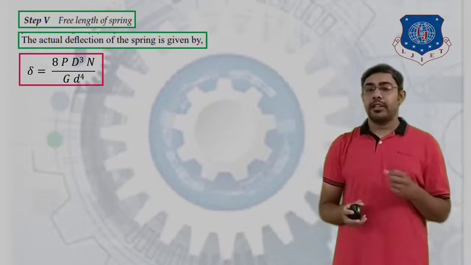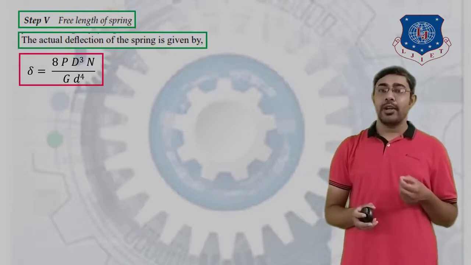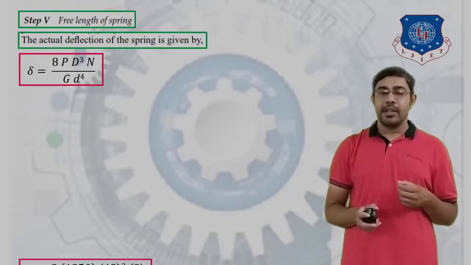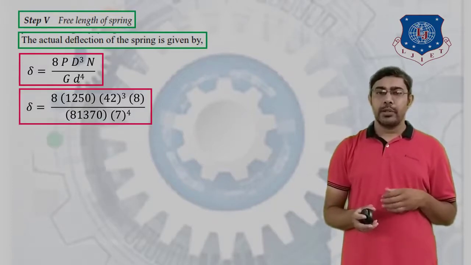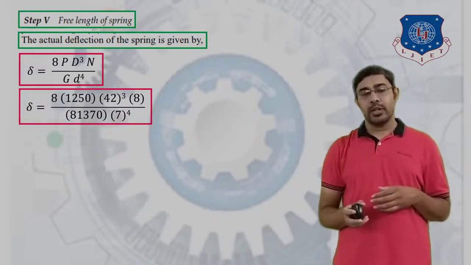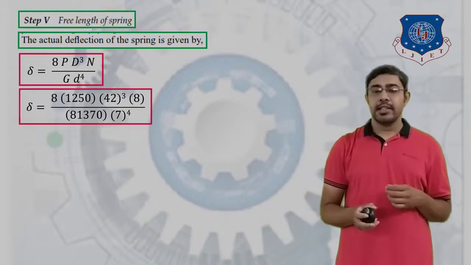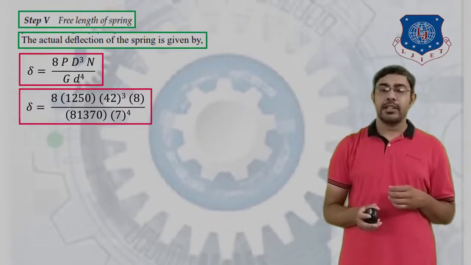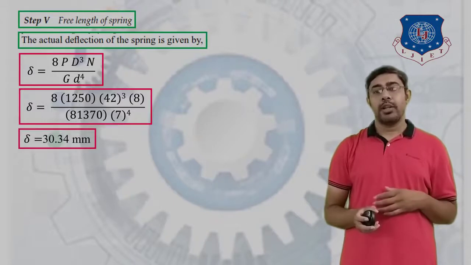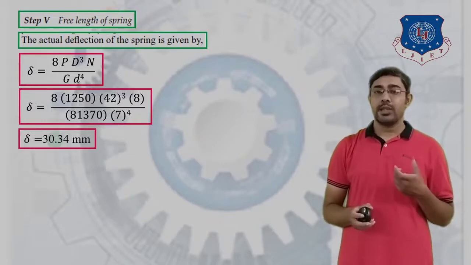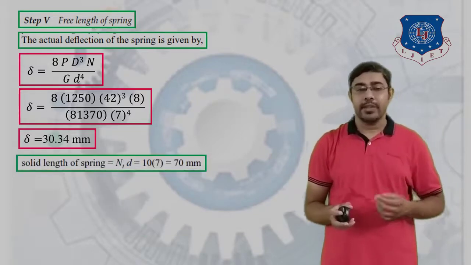So we put all the values: P is equal to 1250, D is equal to 42, N is equal to 8, G is 81370, and the small d is 7. So we get delta is equal to 30.34 mm. That is the actual deflection.